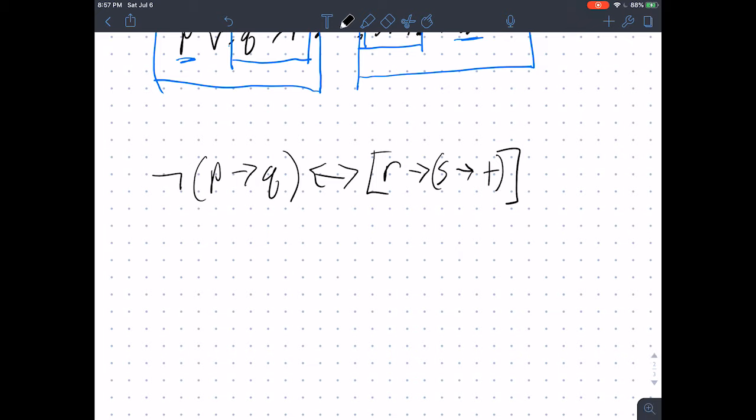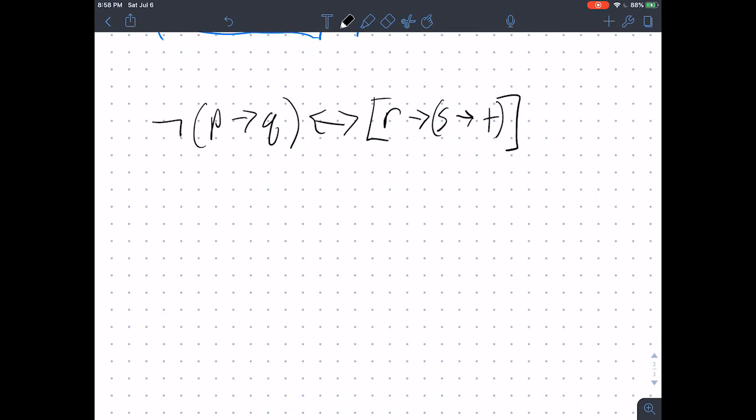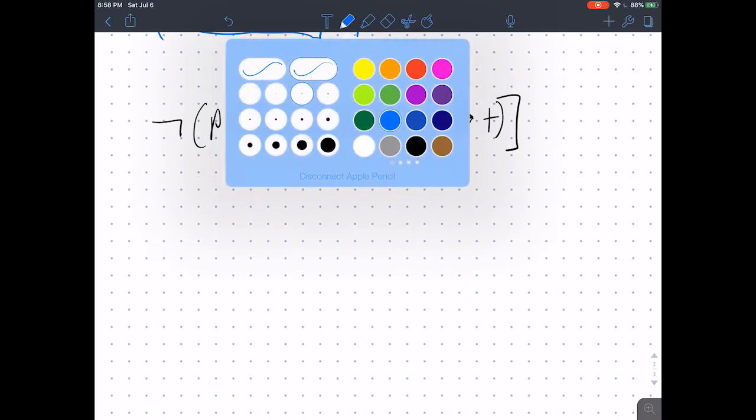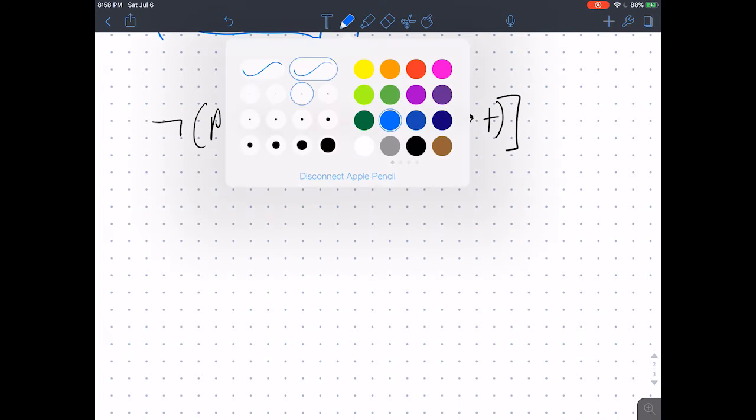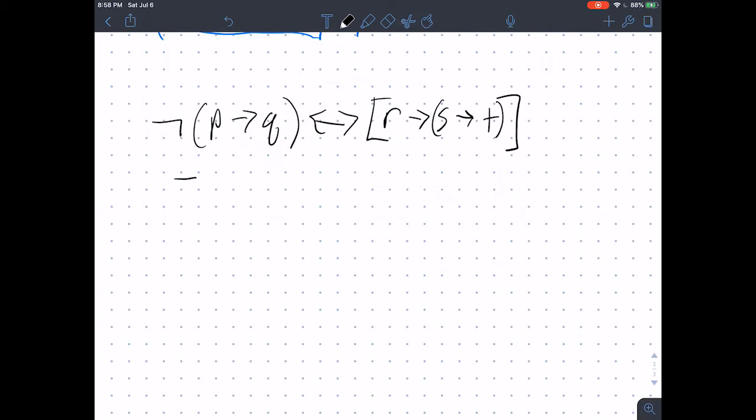Okay, so here's a case in which you can get away without doing the dots on both sides of the biconditional. So this, not if P then Q. It's hard to read stuff like that in English. That we can't do anything else to. That has to stay the same. Remember, when we're negating a whole group, we have to keep the parentheses.